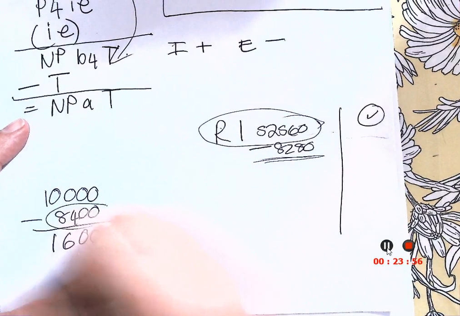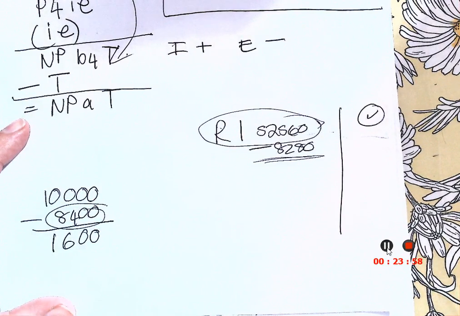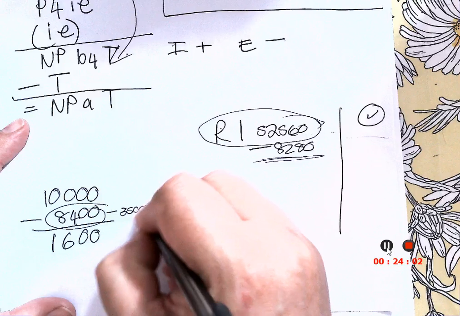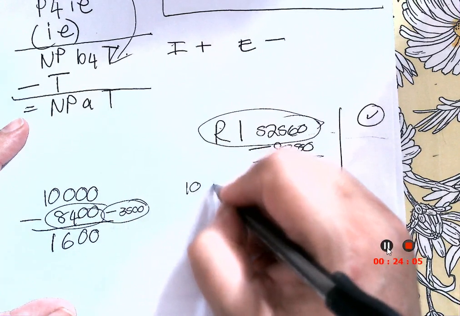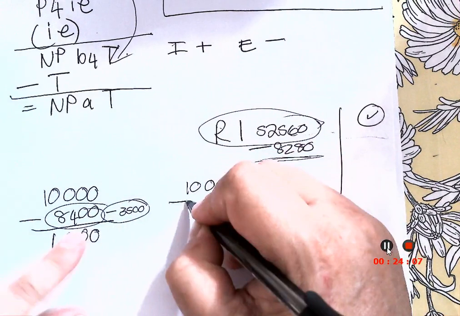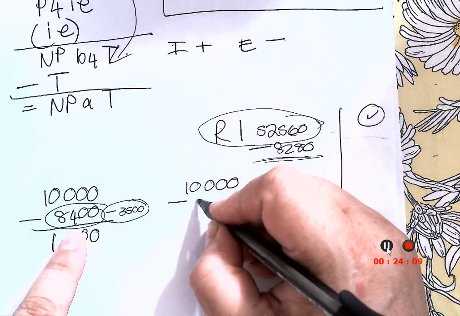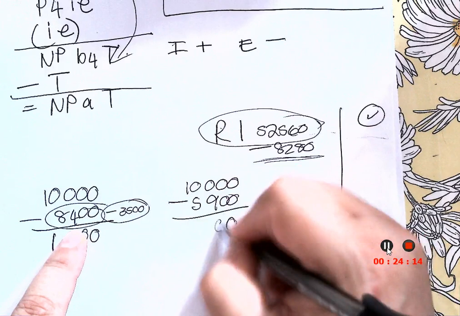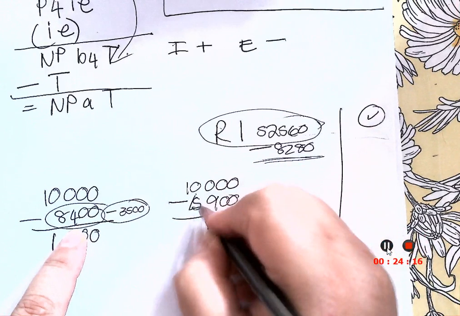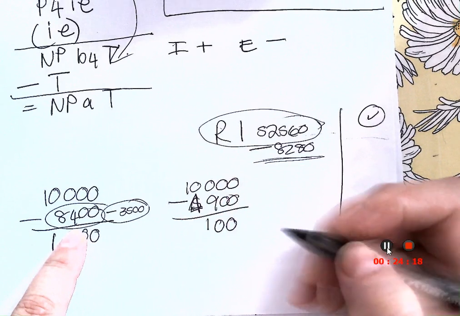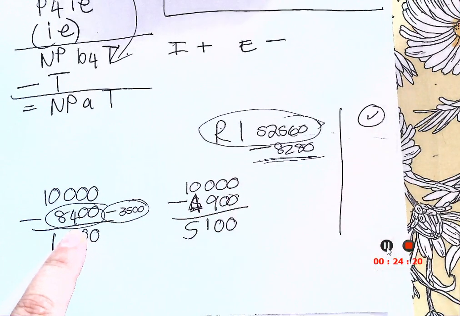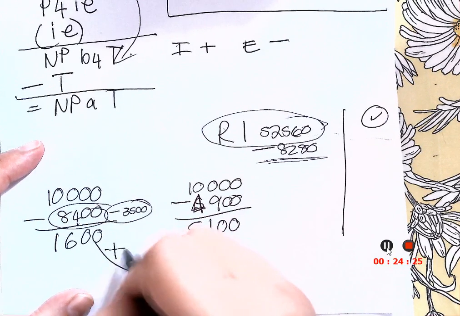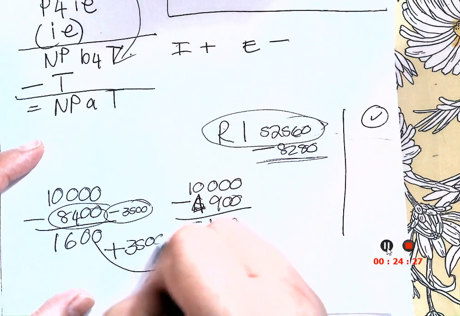But now I'm telling you that 8,400 is too much. I need to subtract 3,500 from it. So 10,000 less 5,900 gives me 5,100. Can you see the difference there? I need to add back the 3,500.